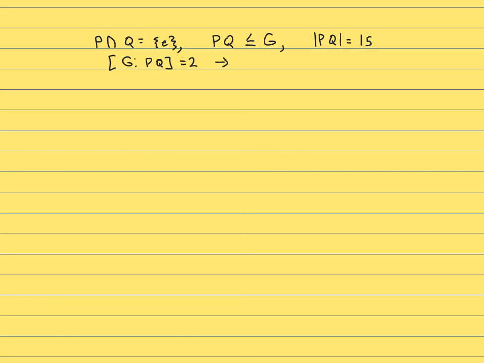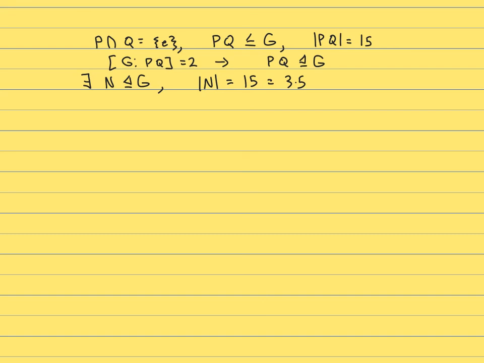And it's not too hard to show that if there's exactly 2 cosets, then your subgroup must be normal. So we see that not only is there a normal subgroup of order 3 or 5, we don't know which, but we see that there must exist a normal subgroup of order 15, which is 3 times 5.